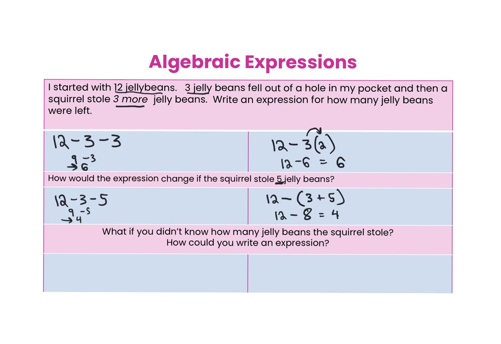Okay, now, what if we don't know how many jelly beans the squirrel stole? I'm going to call that x. And if the thing I don't know is the number of jelly beans stolen, then that's what x is going to stand for. x is the number of stolen beans.